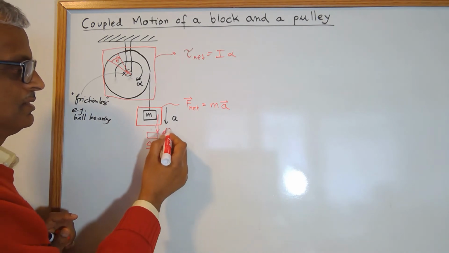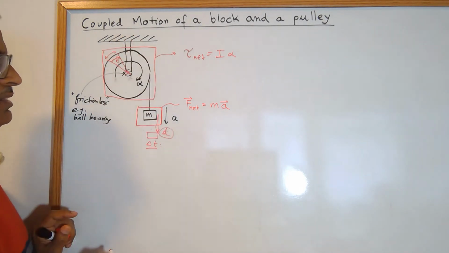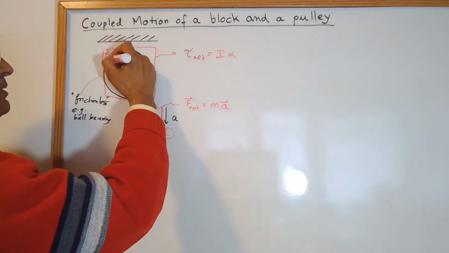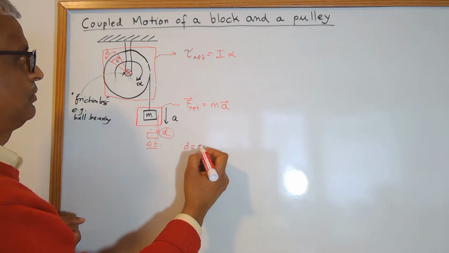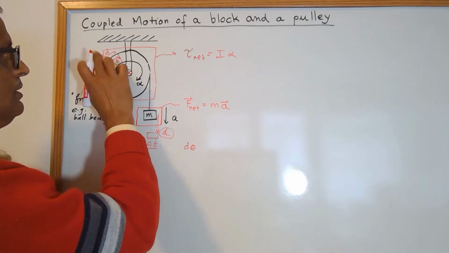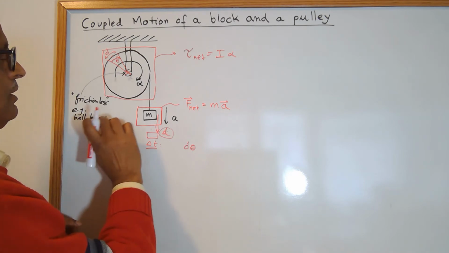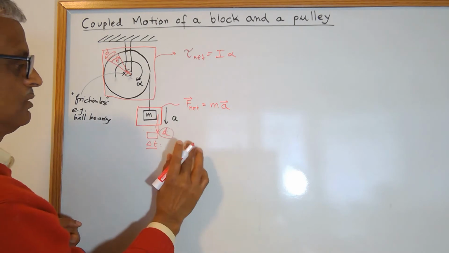You can say that this d and this s must be equal to that same distance. So d is equal to r theta.